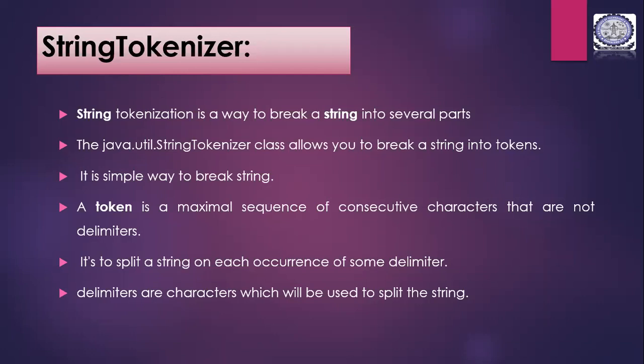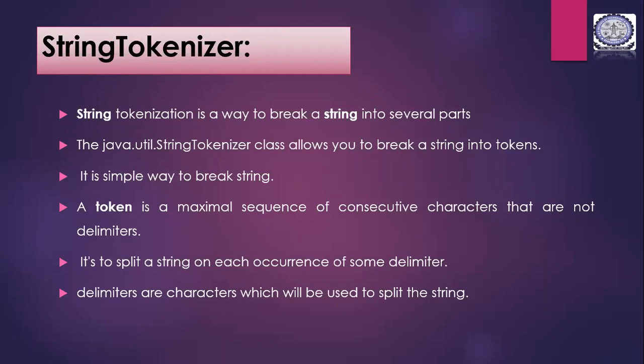But if it is a complete string, it has no meaning. So if you have a name followed by some numbers, it has no meaning. But when you have a separation there, you can see these strings as separate data. So it can be categorized as name, the date, the month, and the year, right?